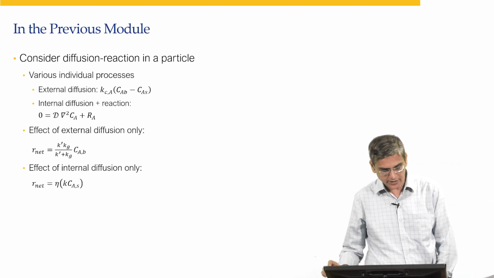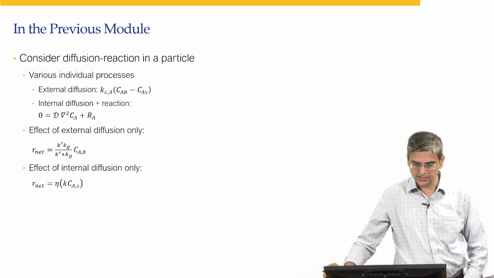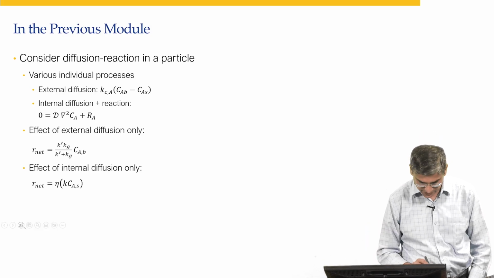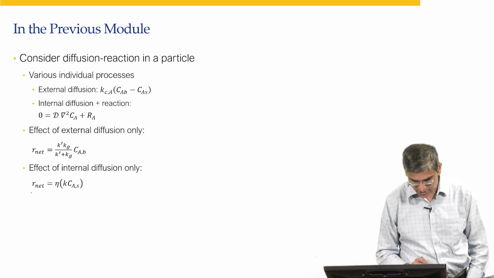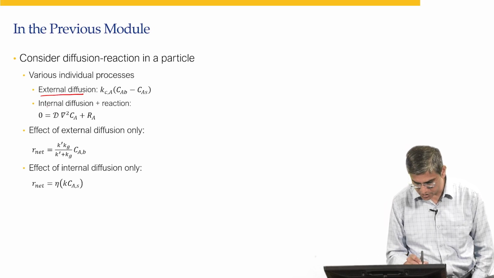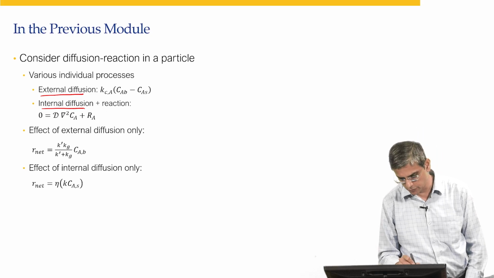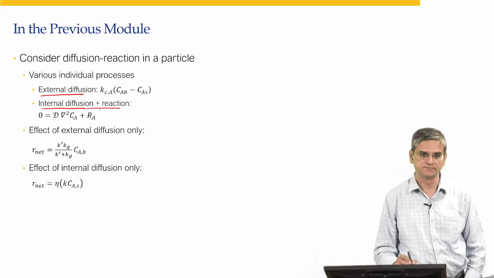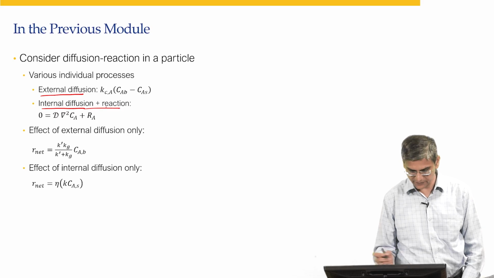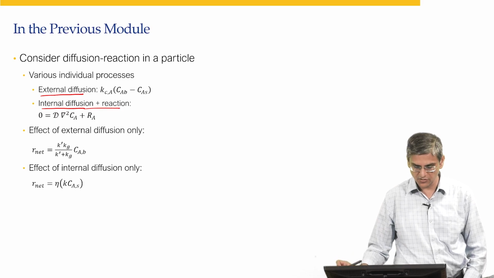In the previous module, what we considered was diffusion and reaction within the particle and outside the particle. We had external diffusion, we had internal diffusion, and we had internal diffusion with the reaction. Those were the various cases that we encountered.